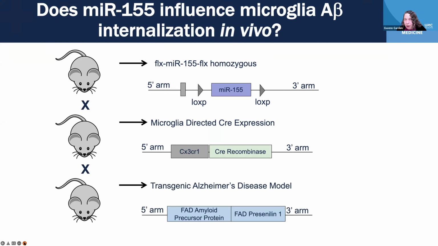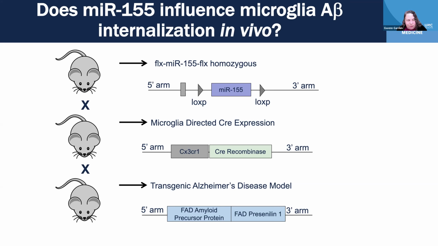And then we crossed that into this Alzheimer's transgenic model. And we used two different models. We used what's commonly called the APP-PS1 model or the Borscht model. And then we used another one called the 5X FAD model.